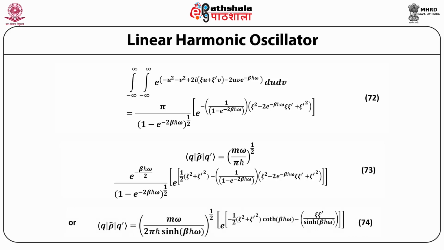Or the matrix element of rho between states q and q dash is equal to m omega divided by 2 pi h bar sinh beta h bar omega, raised to the power half, multiplied by e raised to the power minus half xi square plus xi dash square coth beta h bar omega minus 2 xi xi dash divided by sinh beta h bar omega.